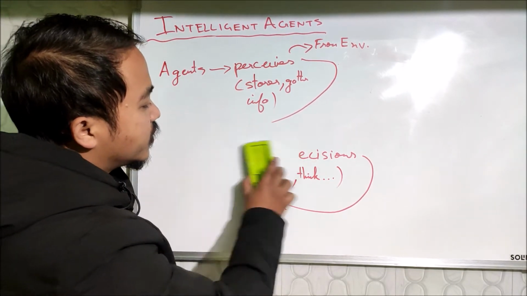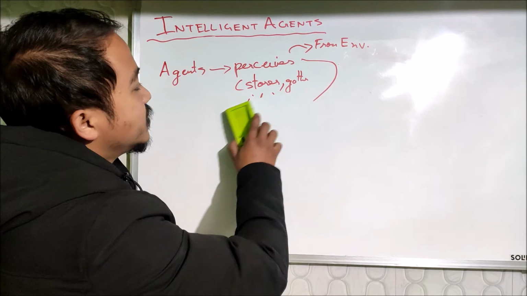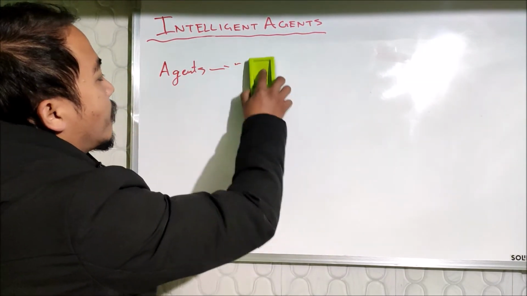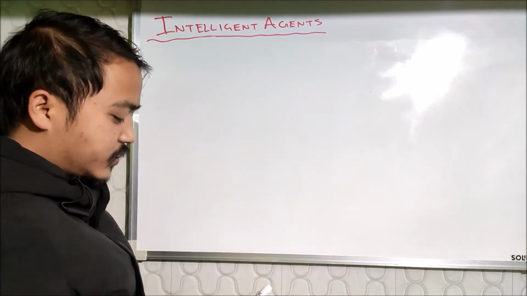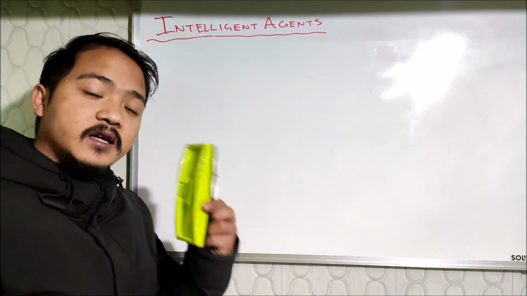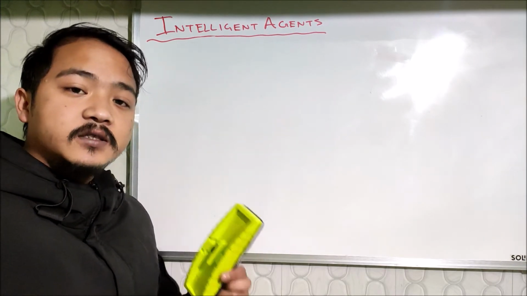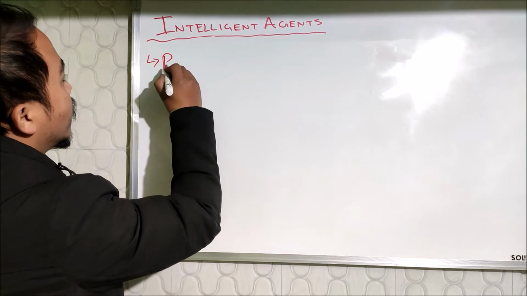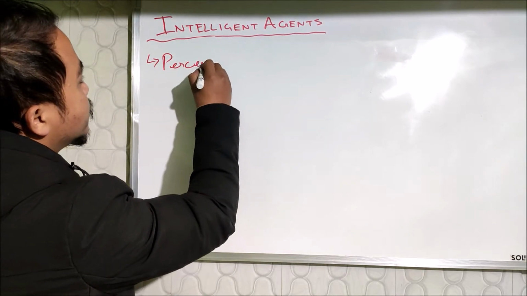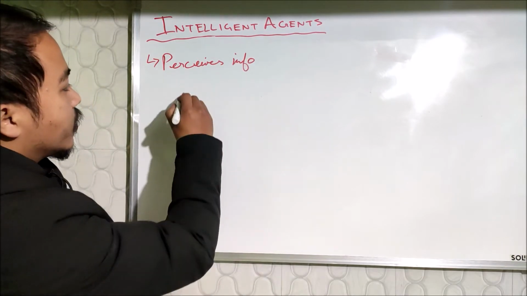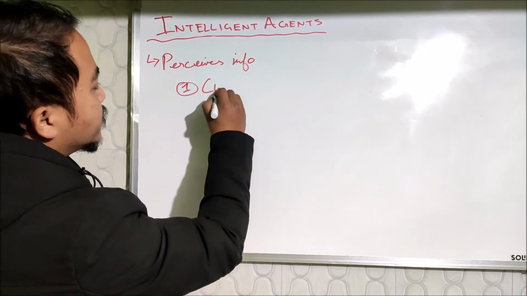And how do these agents perceive the information from the environment? Agents perceive information from the environment in two ways. Number one is the current.